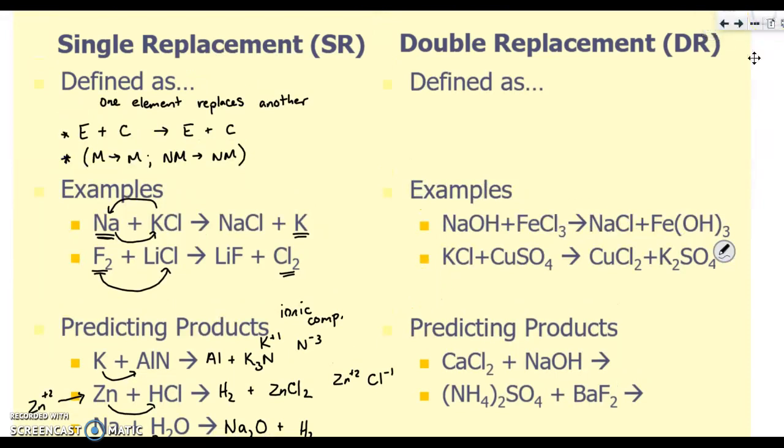The next type of reaction is a double replacement reaction, a DR for the abbreviation. Basically, it's going to be defined as a switching of partners. So it's going to consist of 4 ionic compounds, and they are all going to switch partners.